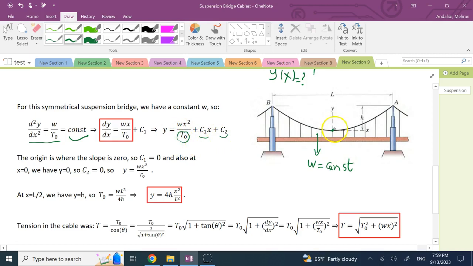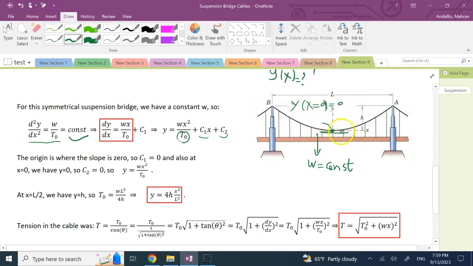Where do I find them? Well, here at the origin, what do I have? x is 0 and y is 0, correct? Let's write it this way: y at x of 0 equals 0.